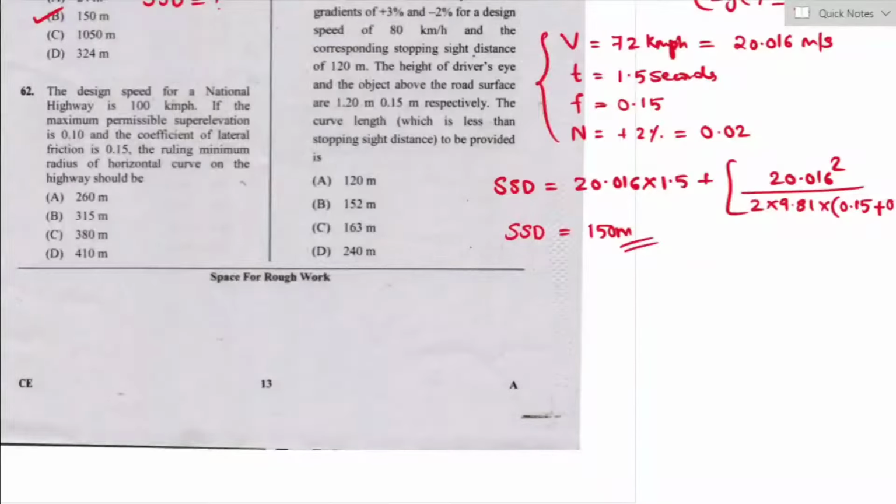Question number 62. The design speed of a national highway is 100 km per hour. If the maximum permissible superelevation is 0.1 and the coefficient of lateral friction is 0.15, the ruling minimum radius of a horizontal curve on a highway should be.